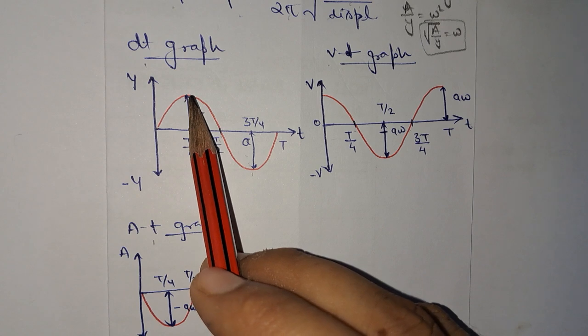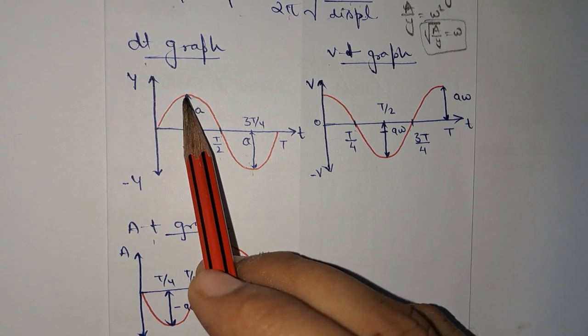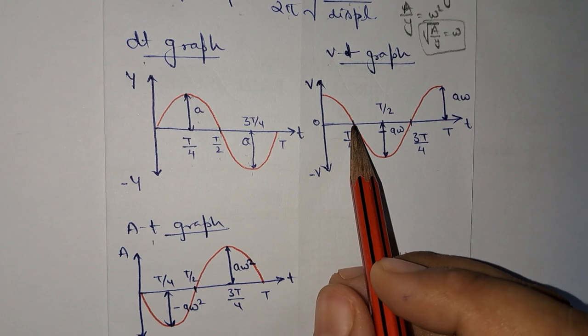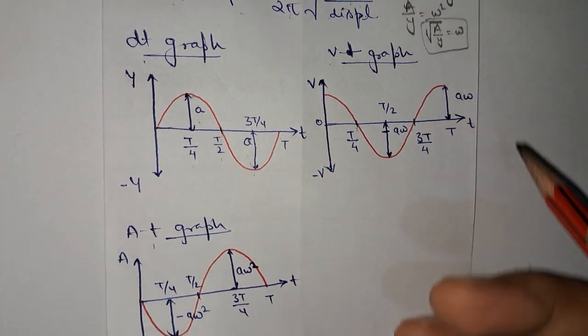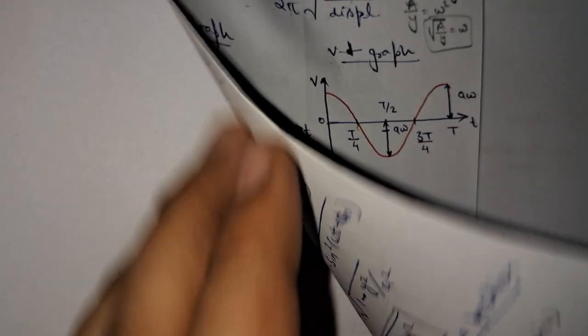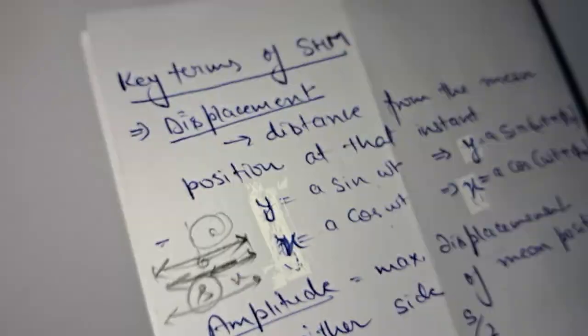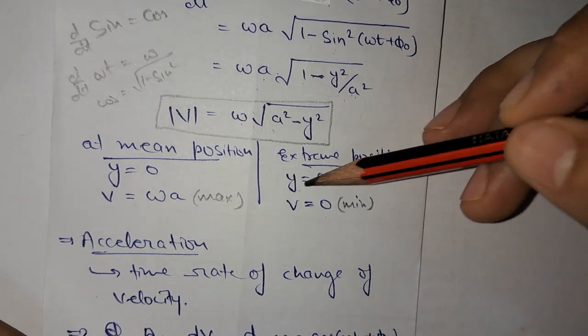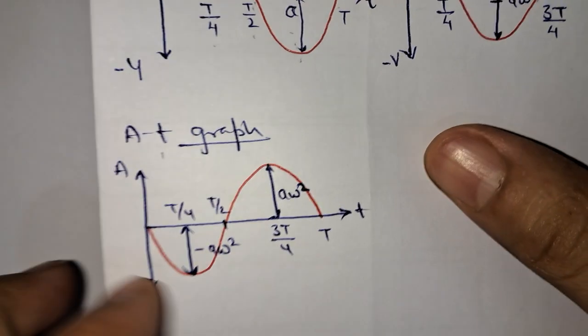When the point reaches maximum displacement at extreme position, the velocity becomes 0, as you have just observed.